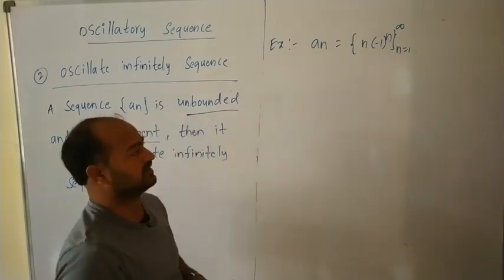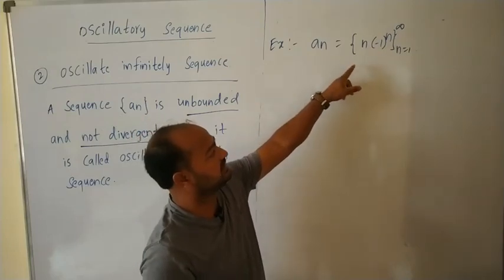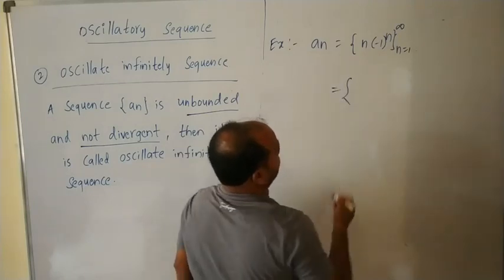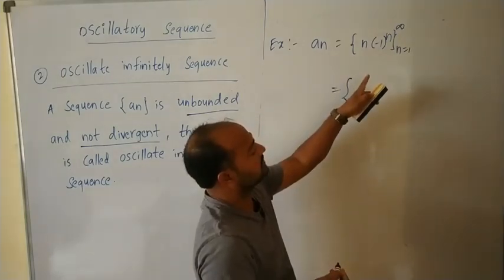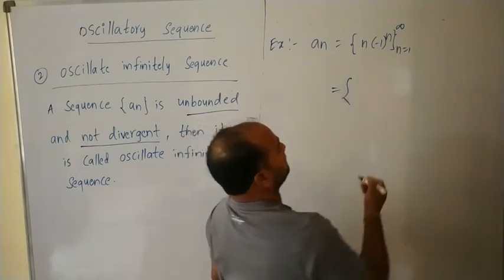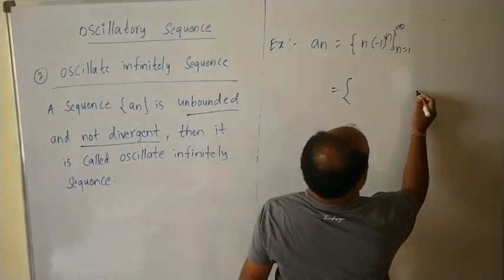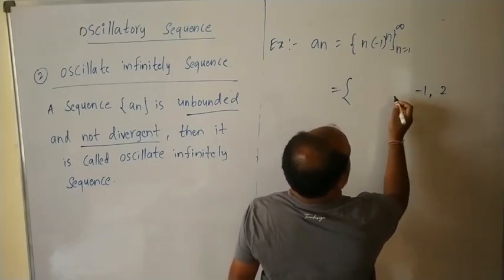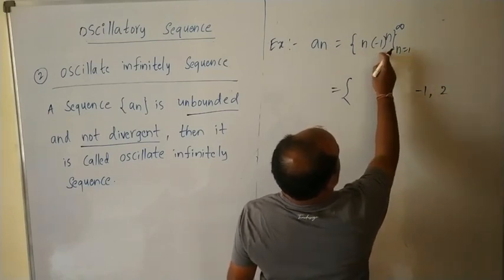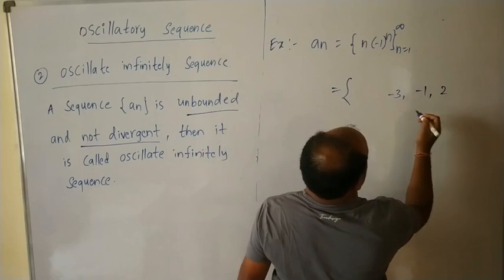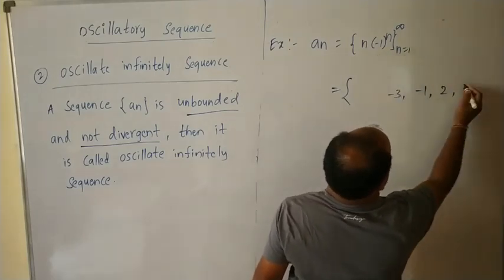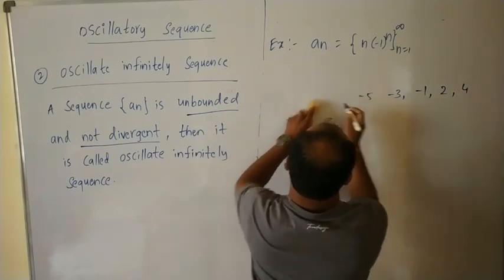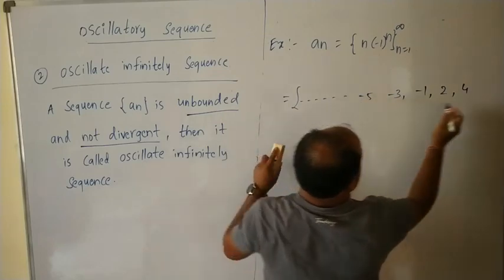Now let us see one example for an oscillating infinitely sequence. Suppose we have a sequence n into minus 1 whole power n. We already know the terms of the sequence: for n equal to 1, minus 1; n equal to 2, 2; n equal to 3, minus 3; n equal to 4, 4; n equal to 5, minus 5; and so on up to infinite values.